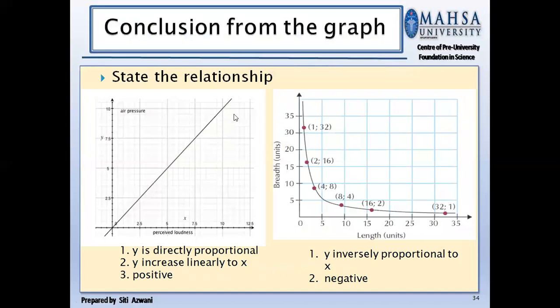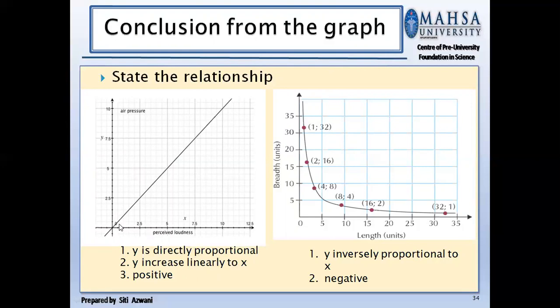Next, conclusion from the graph. You want to state the relationship between the y and x term. So for the difference between the two graphs here, for the first graph you can say that y is directly proportional to x.